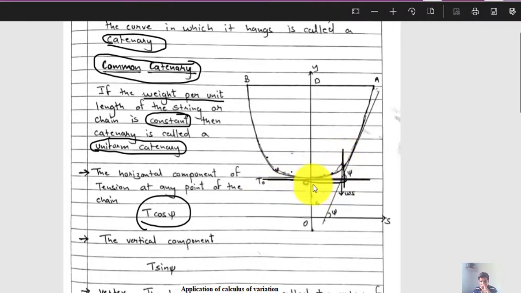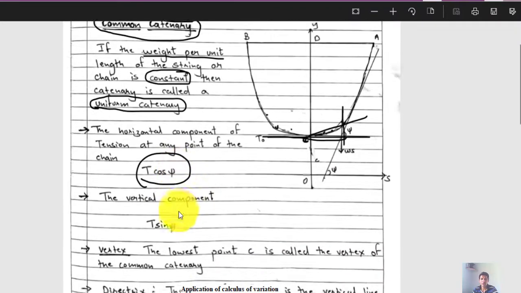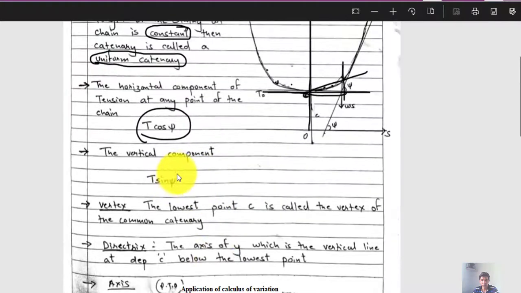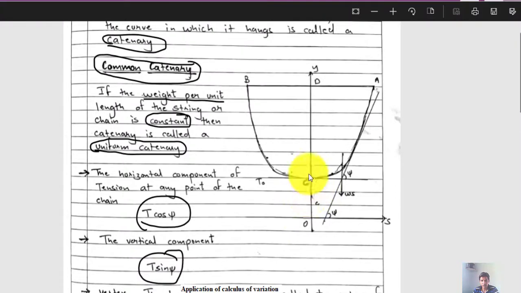The vertical component is always given by T sin psi. Now the vertex: the lowest point C is called the vertex of the common catenary. So this point is called the vertex, right?